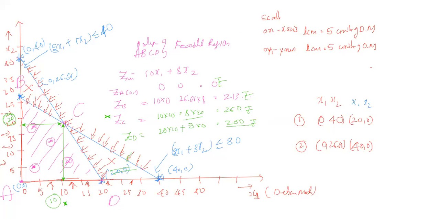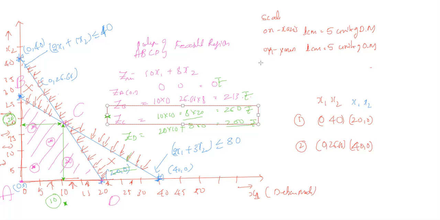Among these, the maximum value we got is for this point, that is with respect to ZC. ZC is where the x1 value will be 10 and the x2 value will be 20.